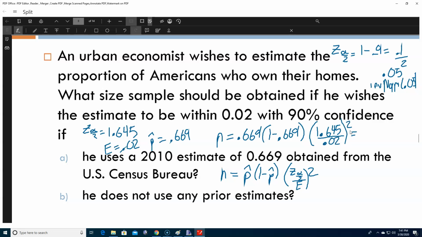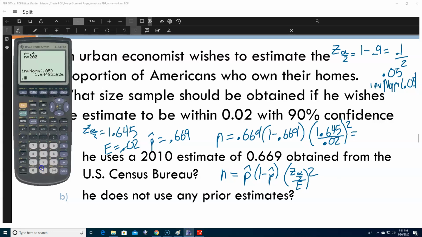So we'll go to the calculator. The calculator will do all this for us. We just have to type it in correctly. So 0.669 times 1 minus 0.669 times 1.645 divided by 0.02 squared.